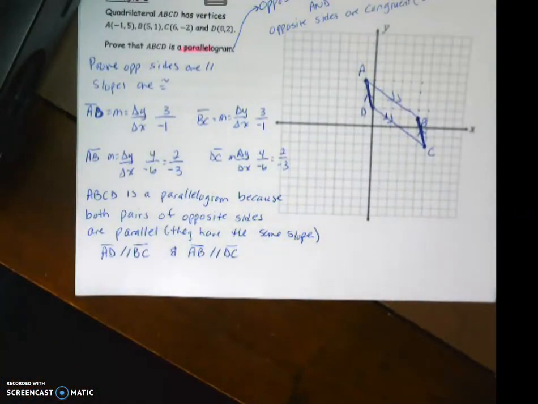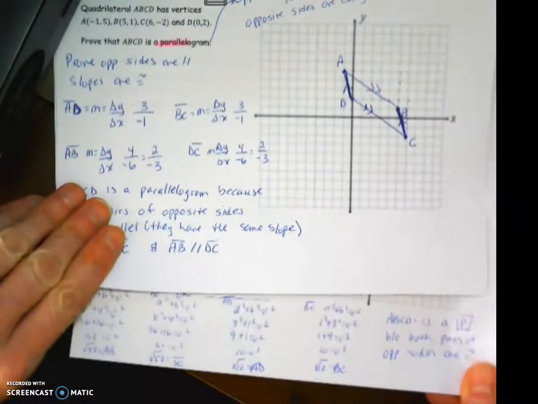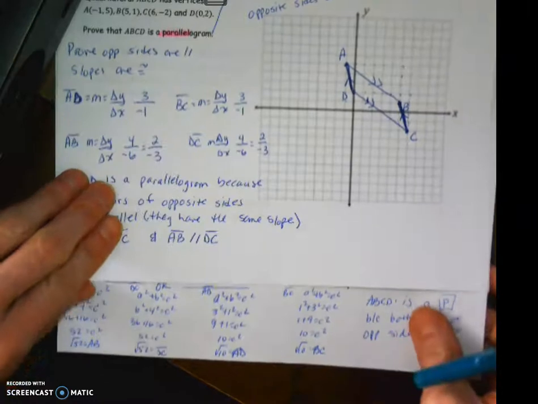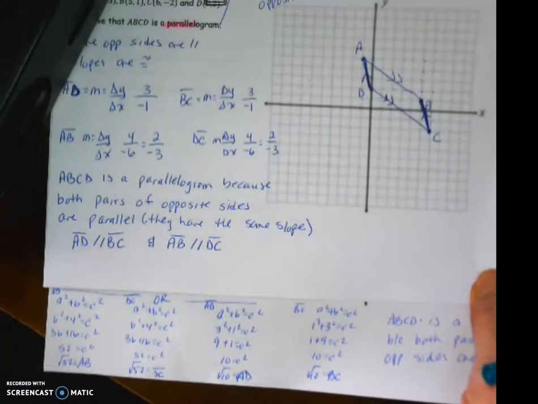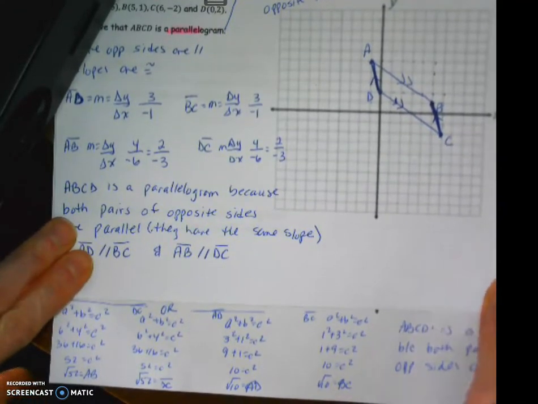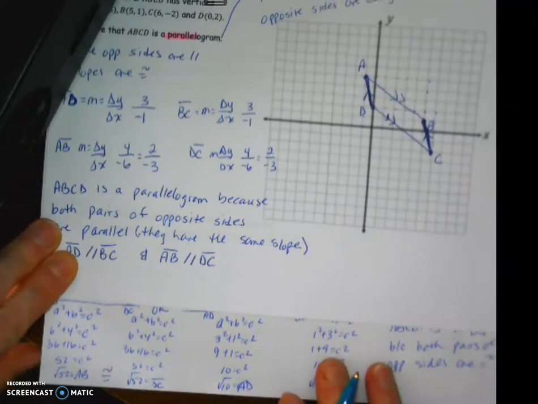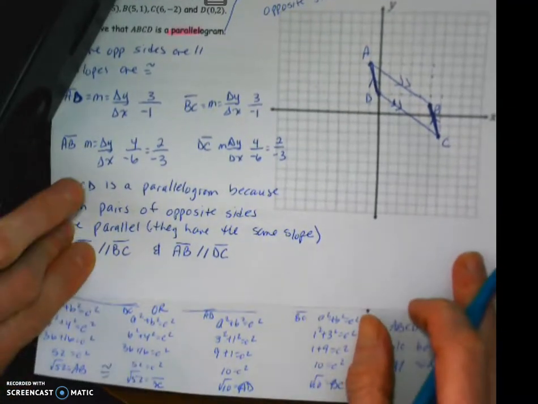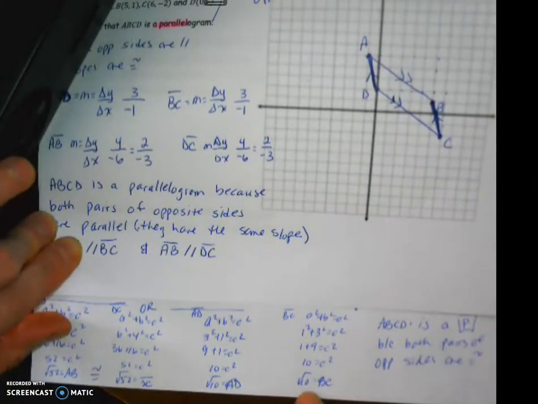If you wanted to prove that the opposite sides are congruent, I actually did this earlier, okay, you could have found the length of each side, and you would have stated and shown that side AB with a length of the square root of 52 is congruent to the length of DC with the square root of 52 length, and also that the length of AD is a square root of 10, and BC also is a square root of 10.